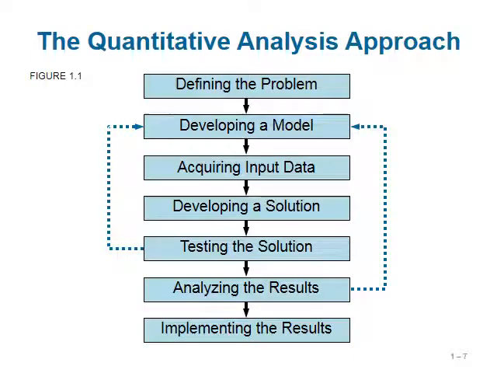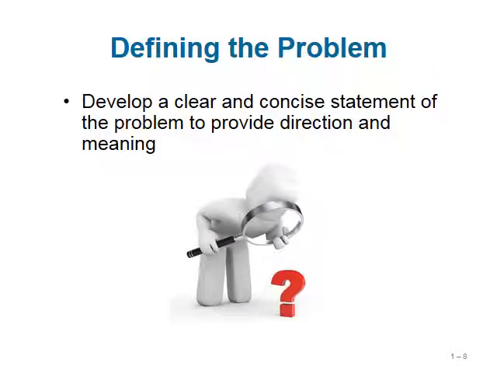The quantitative analysis approach has a 7-step process that we will follow to ensure we make the best possible decision. The first step in the process is to define the problem. We need to develop a clear and concise statement of the problem to provide direction and meaning.